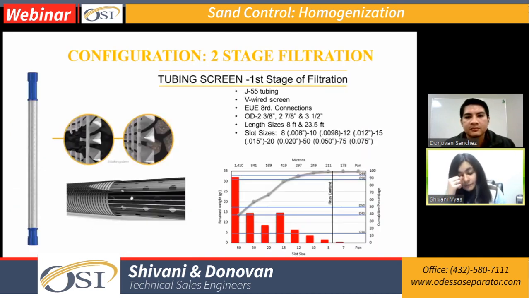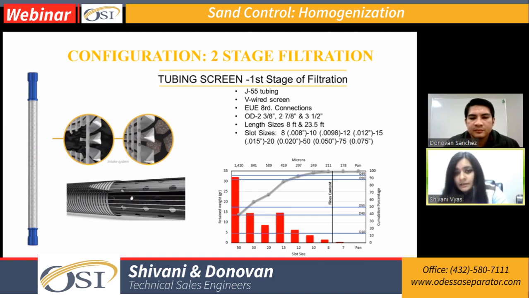So going a little further into your first stage filtration, it depends on the sand sieve analysis. In this example, on the horizontal axis we have the slot sizes: your 50 slot, 30 slot, 20 slot, 15 slot. Depending on this size distribution, we can filter out the bigger sand particles.